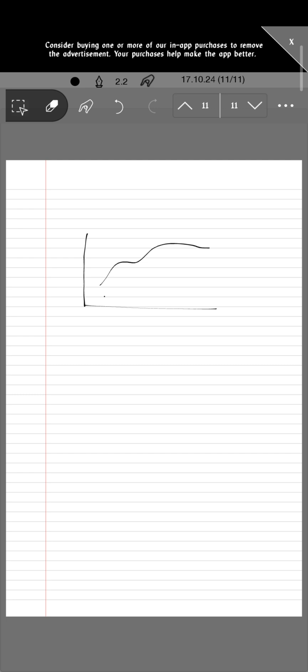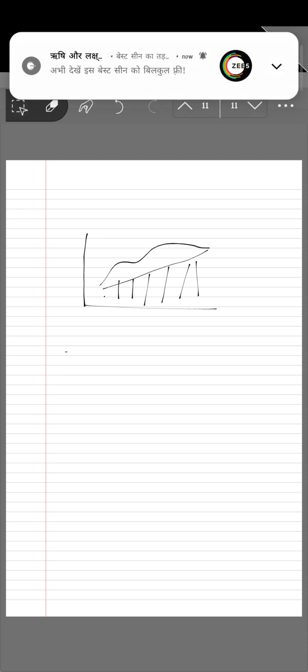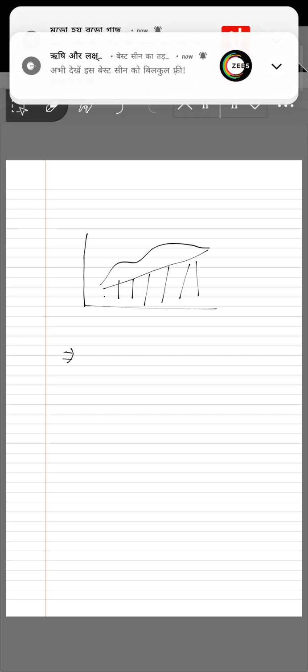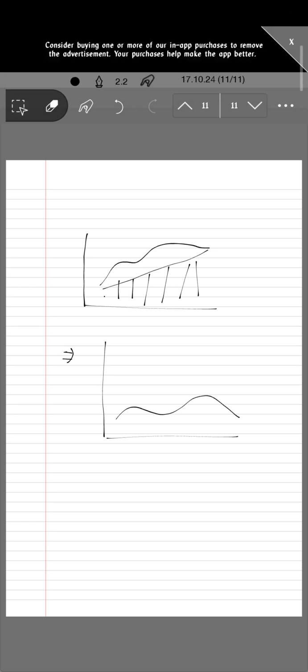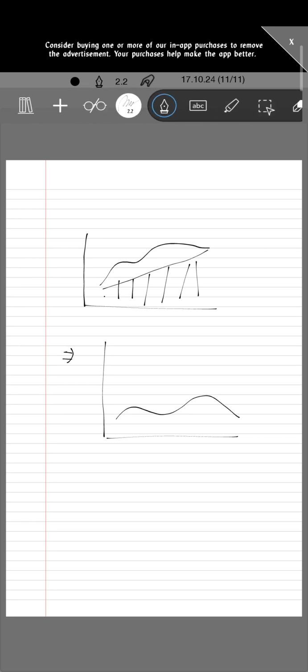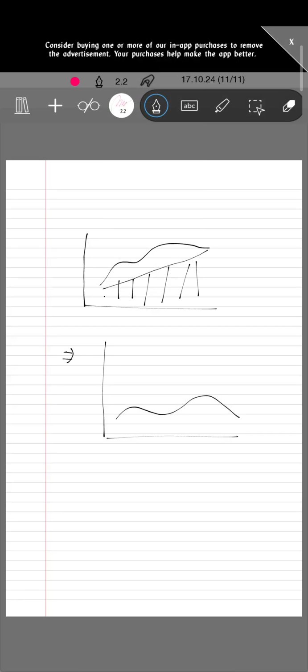You need to remove this amount of data, so that the plot we obtain is like this. It's called background correction. Now we need to fit it with multiple fits. This is how the fitting will be done.